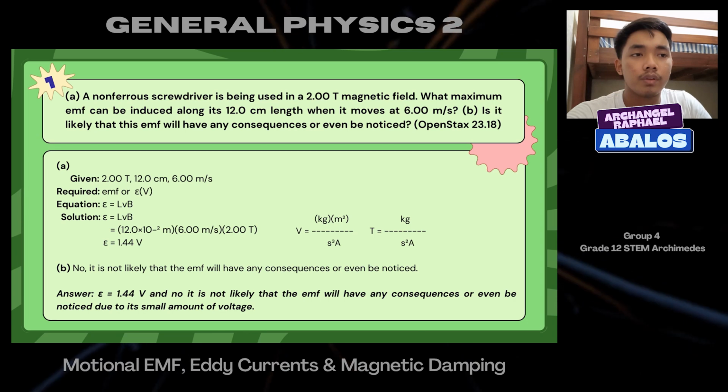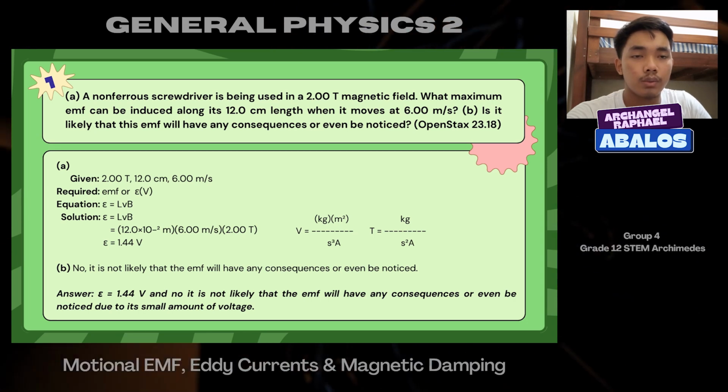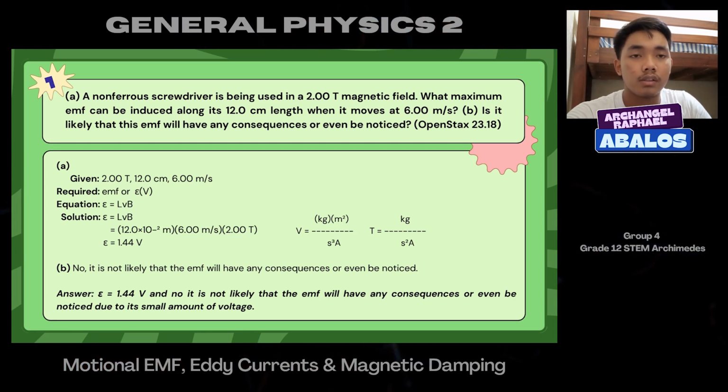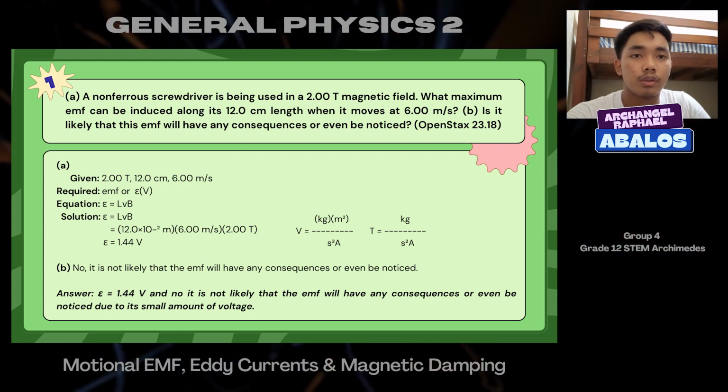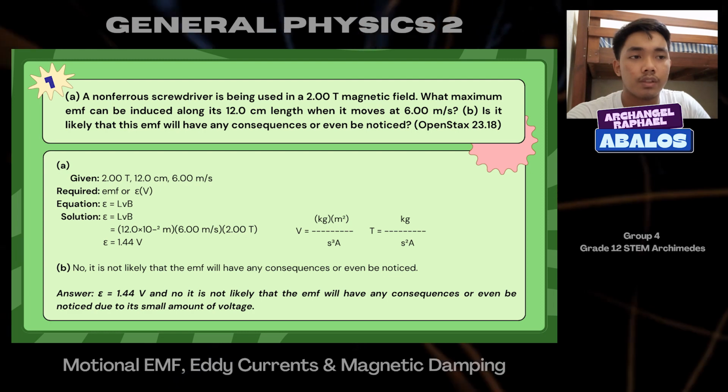So first, our given for letter A is 2 Tesla, 12 centimeters, and 6 meters per second. Now what is being required here is the EMF, or the voltage. Our equation will be EMF is equivalent to the length of an object that is moving at a speed relative to the strength or the magnitude of its magnetic field.